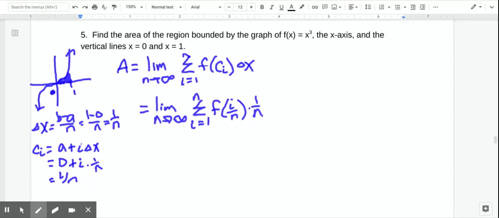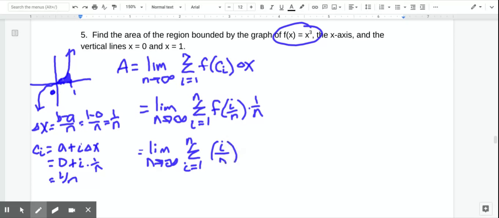All right, the next thing we want to do is f of i over n. We're going to plug that into this function. So it's the limit as n approaches infinity of the sum from i equals 1 to n. We're plugging in i over n into the function.